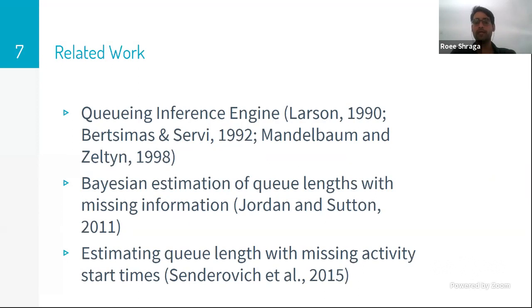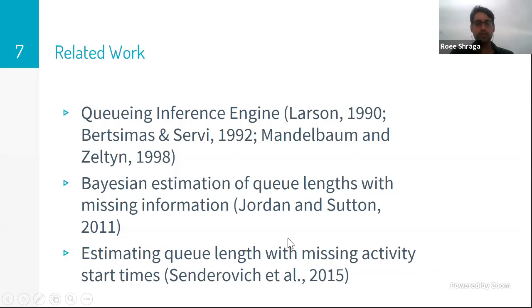In terms of related work, the first attempt to combine queuing theory and the statistical approach was done by Larson in 1990. He coined the term queuing inference engine for a set of techniques that try to reconstruct performance measures such as queue length and waiting times from data.